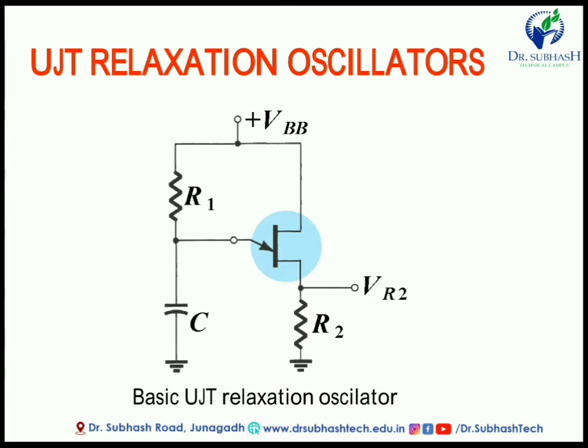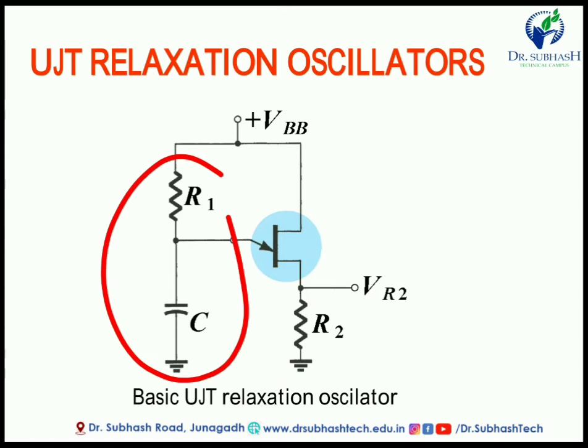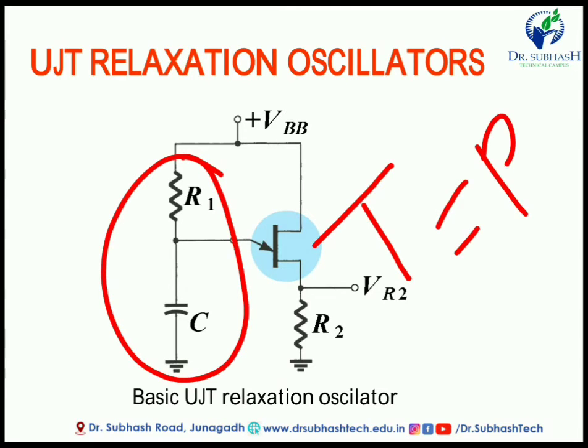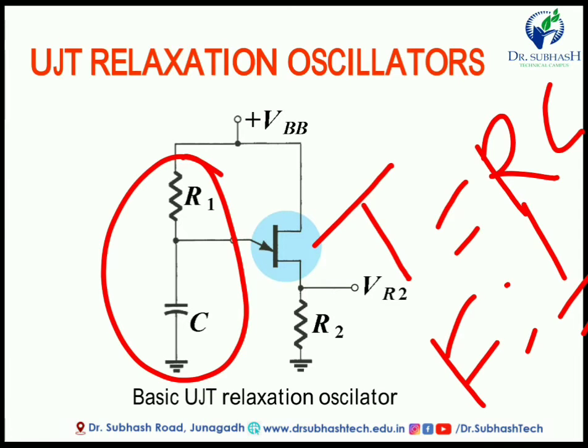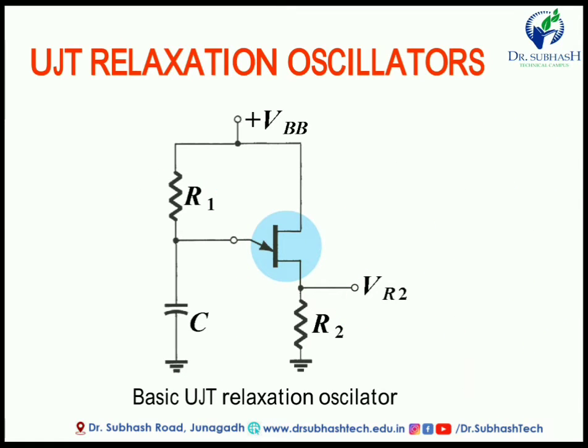According to the value of R1 and C, the frequency depends. Suppose we want to design some frequency, then T is equal to RC and F is nothing but 1 upon T. So we can easily design the frequency of this VR2. So this is the basic fundamental of the UJT relaxation oscillator.